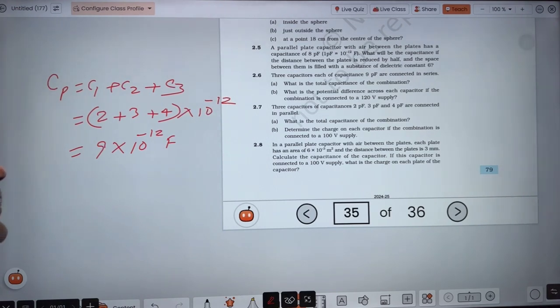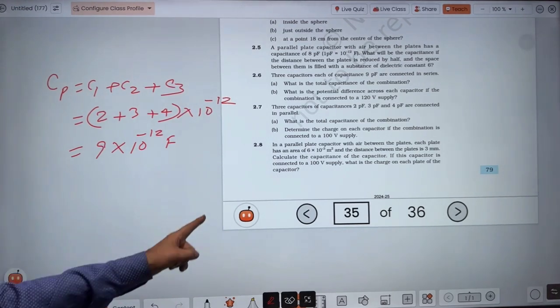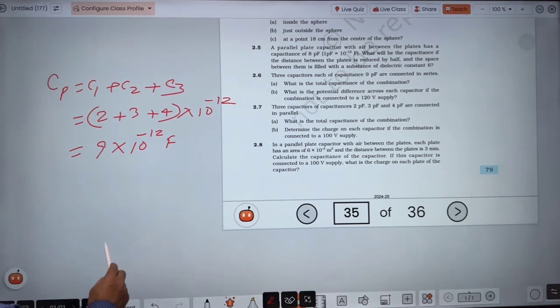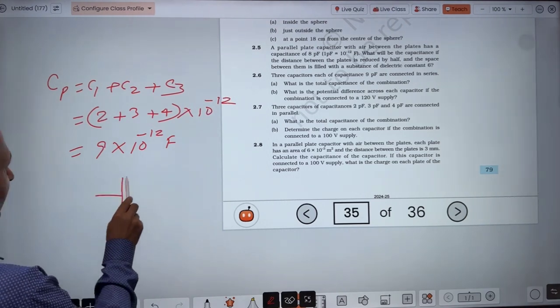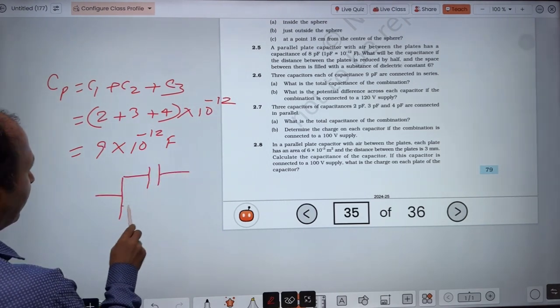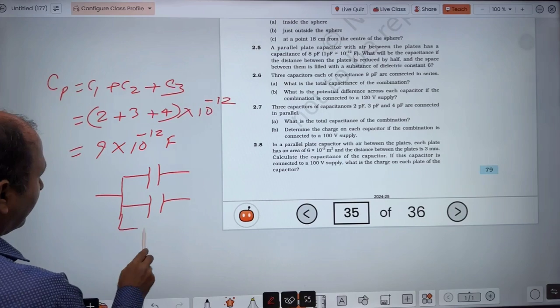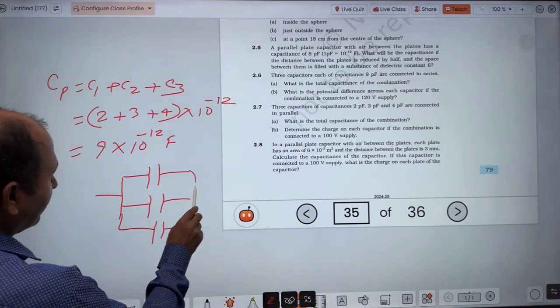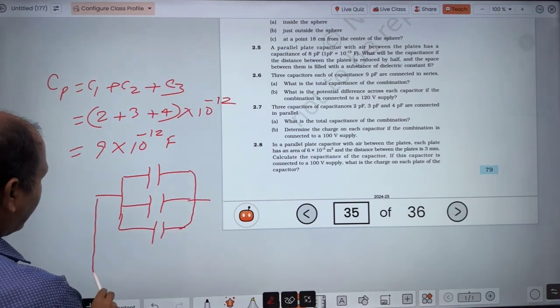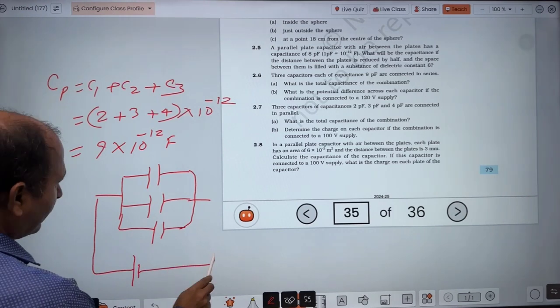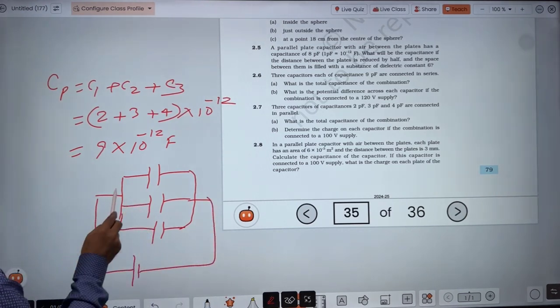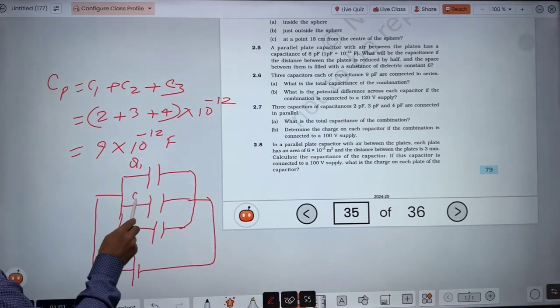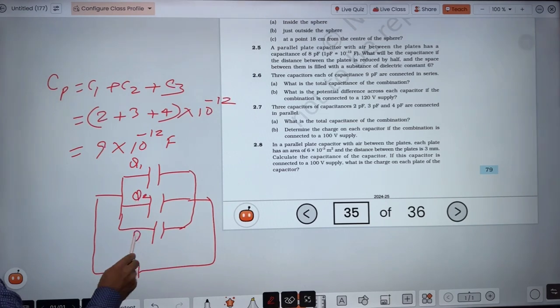So Q1 equal to C1V, Q2 equal to C2V, and Q3 equal to C3V. Voltage is given and capacitances are also given. Just multiply by voltage to get the value. I'm not doing it because it is so simple.